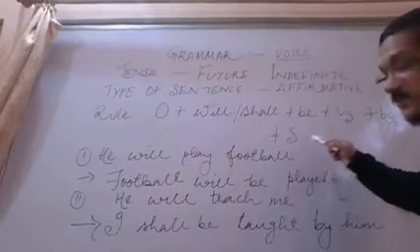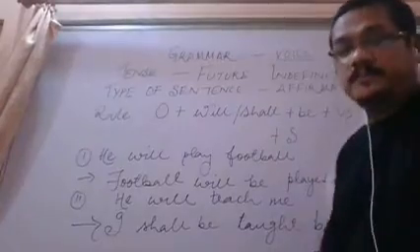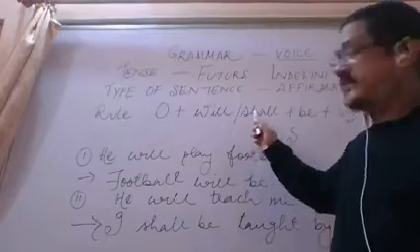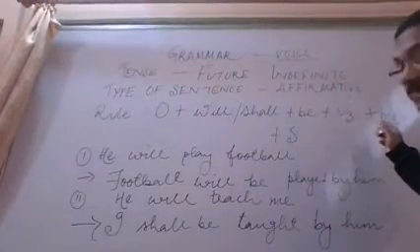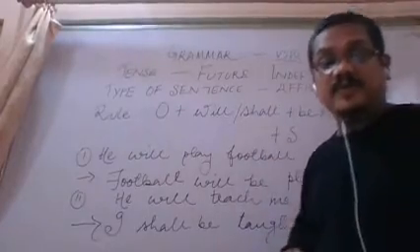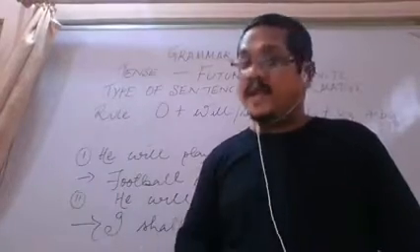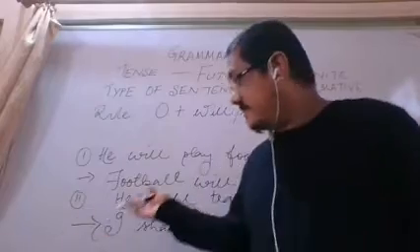subject. But before that we have by. By is important. So our rule is object plus either will or shall plus be plus V3 plus by, and at last the subject. And always remember, the subject must be in objective case, right? So here I have written two examples.